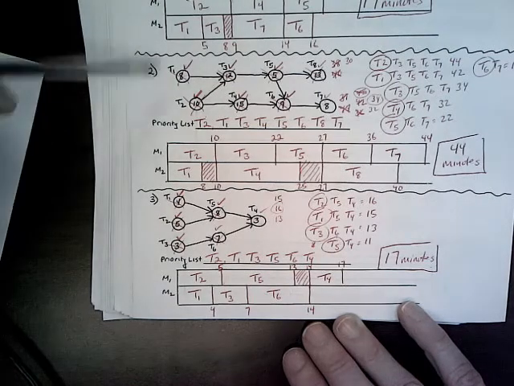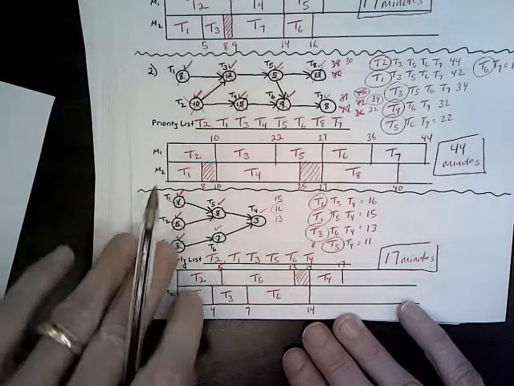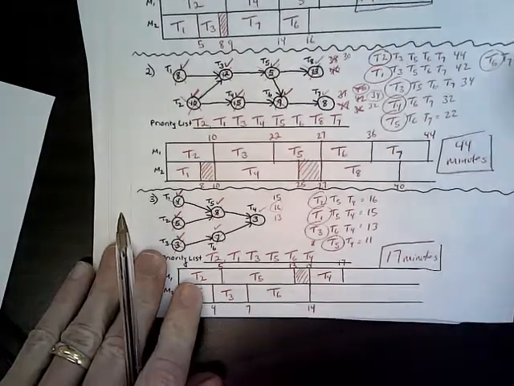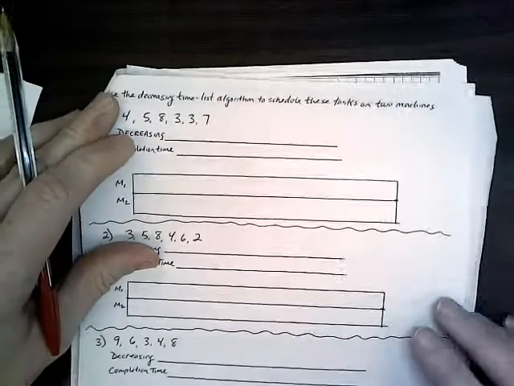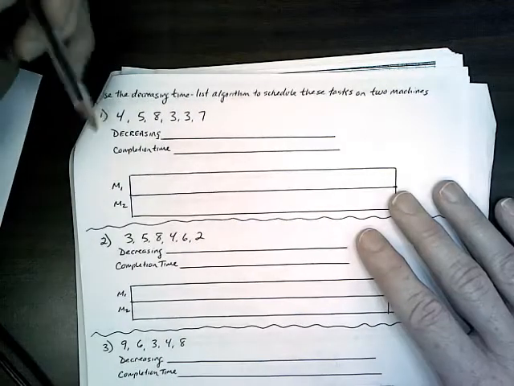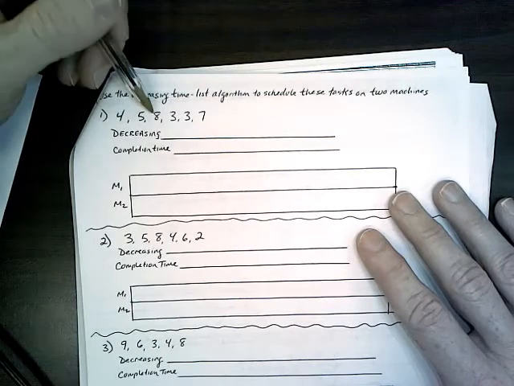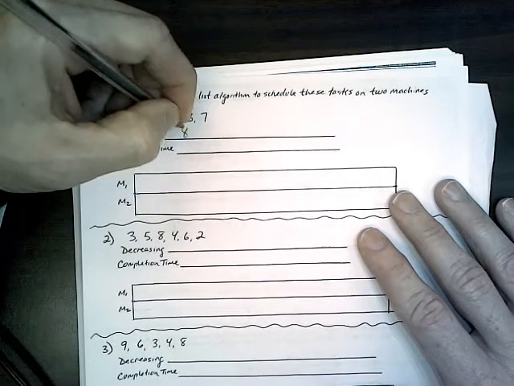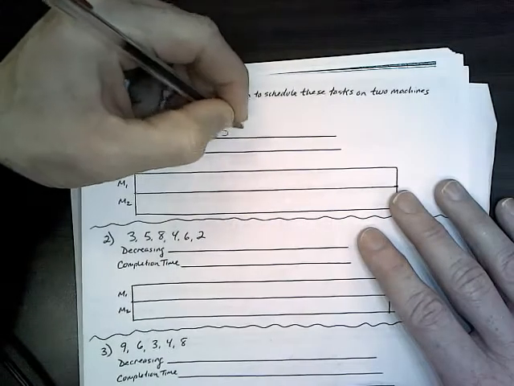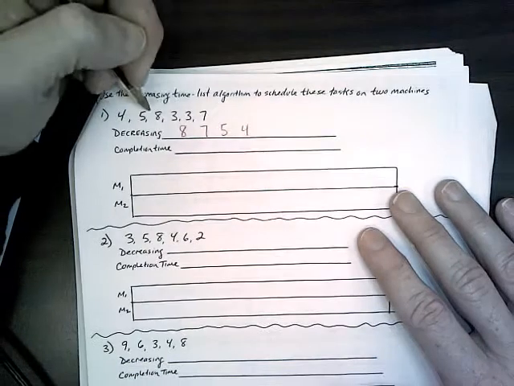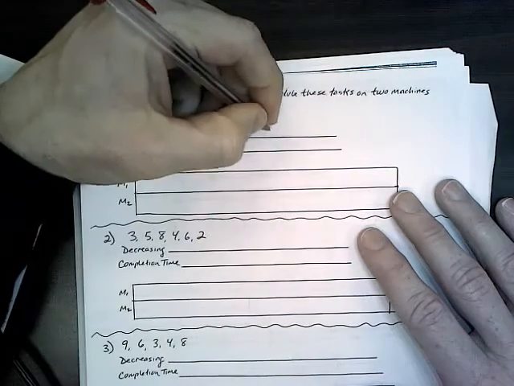Obviously, the fact that you have to make a priority list makes it a little bit longer to do, okay? But then the scheduling is fairly simple. Okay, now, on the back side here for your assignment, you have to put decreasing time, which would be 8, 7, 5, 4, 8, 7, 5, 4, and then we got 2 3s.